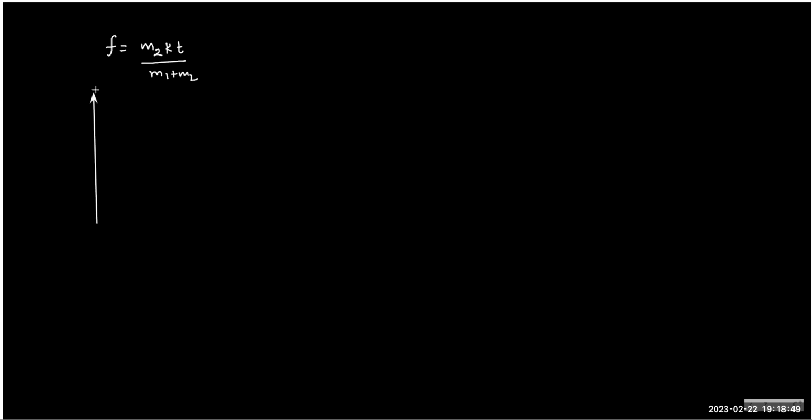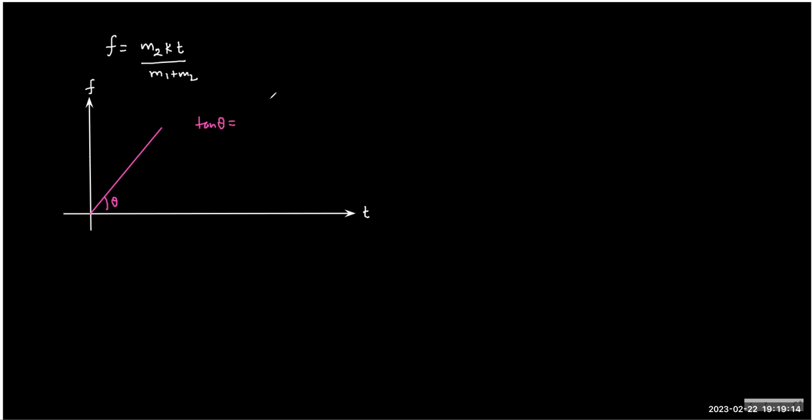So as time will grow, friction will also grow in value, right? And it will grow linearly with a slope of how much? So what is the slope of this graph? Any guess? So tan theta is how much?